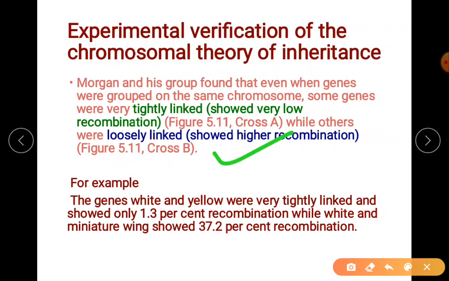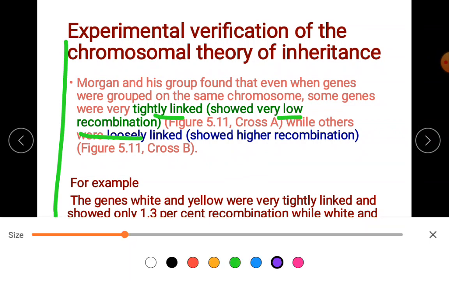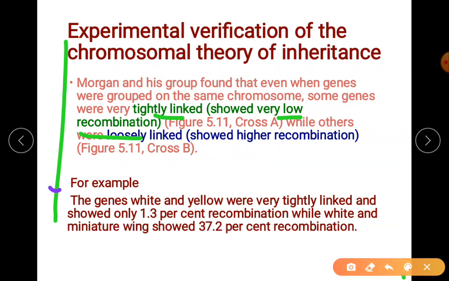So what did his team do? They found that when genes are grouped on the same chromosome, that is, linked on the same chromosome, there are two types of linkage, tight linkage as well as loose linkage. If it is tightly linked, there is low recombination. Imagine this is the chromosome and the genes are closely located here.